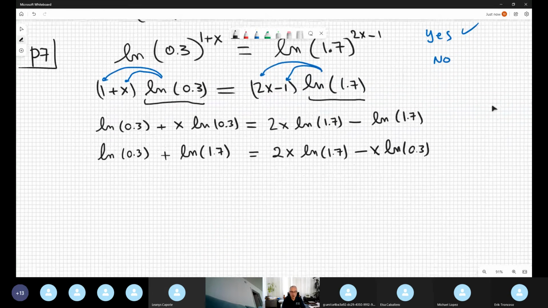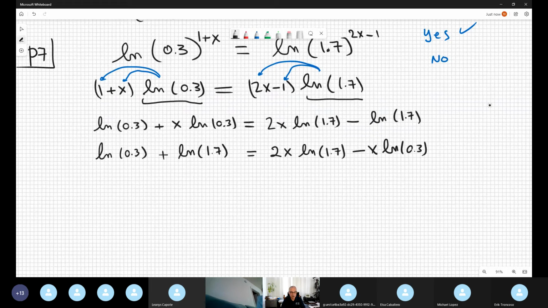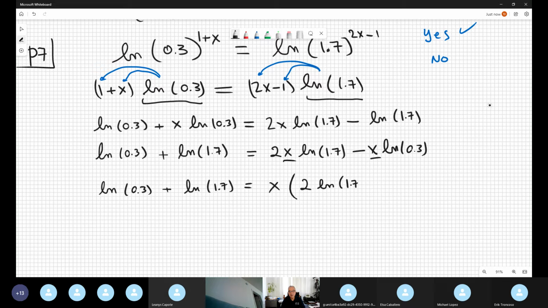Now I go to the next step. Bring this down for a moment, temporarily. Here I factor out x because we see x and x. So we have inside the parentheses 2 ln 1.7 minus ln 0.3. Finally, divide both sides by this expression.